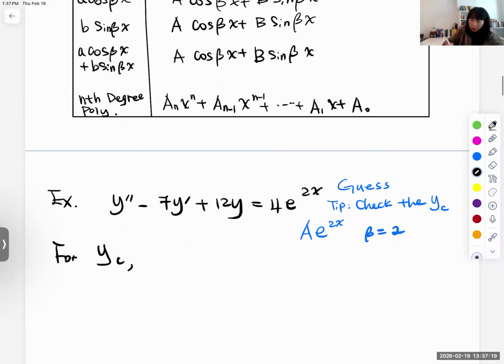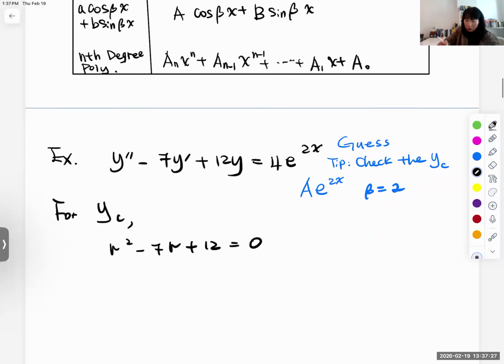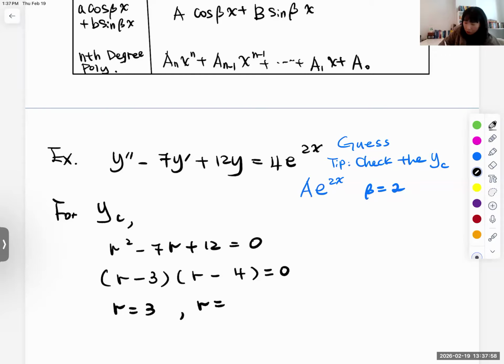So r squared minus 7r plus 12 equals 0. Can we factor it? Yes: r times r, and 4 times 3. It's a plus, sorry. Negative times negative makes a positive, and negative 3 plus negative 4 makes negative 7. Good. So r equals 3 and r equals 4.